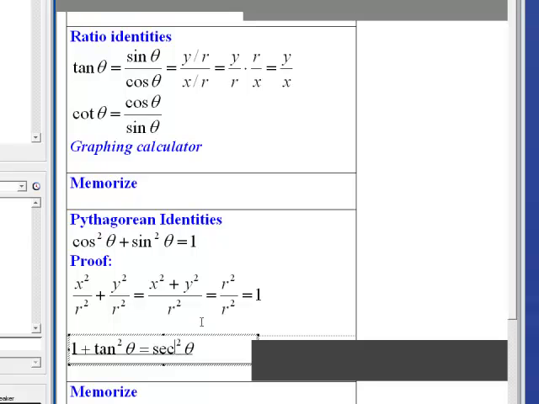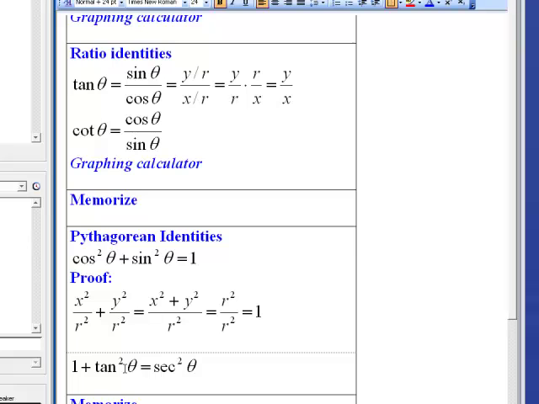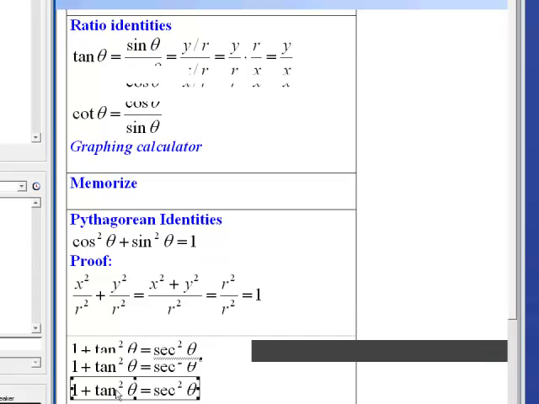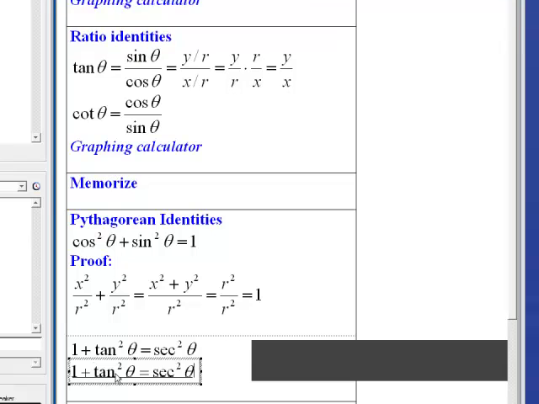And it can be proven in just the same manner when you plug in y over x for the tangent, and then you square it, and then you plug in r over x for the secant and square it, and then you combine them, and you'll see that you come up with this identity. And the third Pythagorean identity is 1 plus cotangent squared equals cosecant squared.